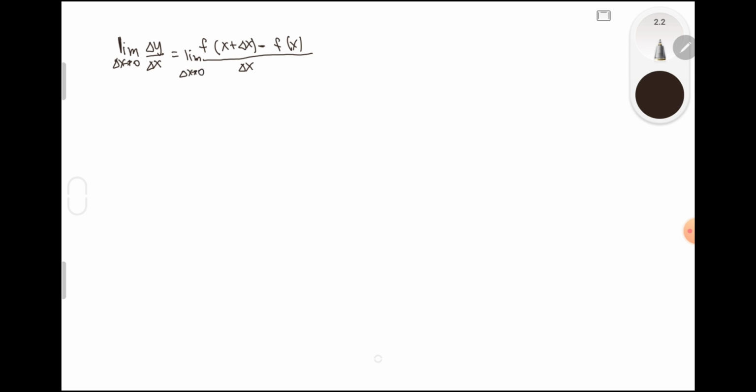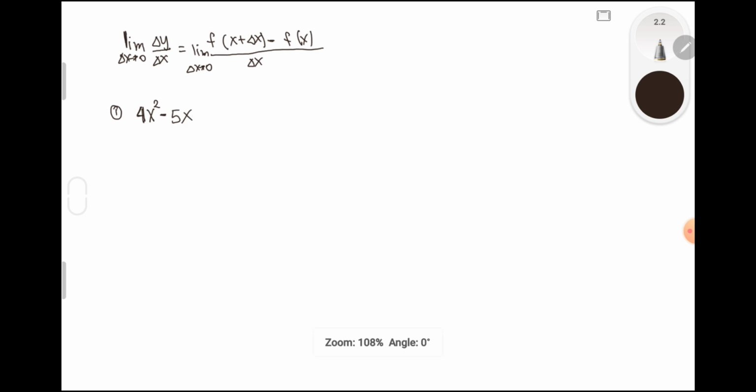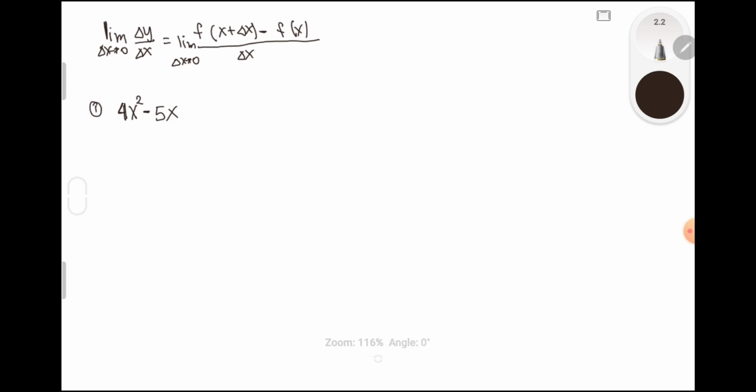So let's have our first example wherein we have 4x squared minus 5x, which is equal to our y. Take note that this formula is also equal to our dy over dx.